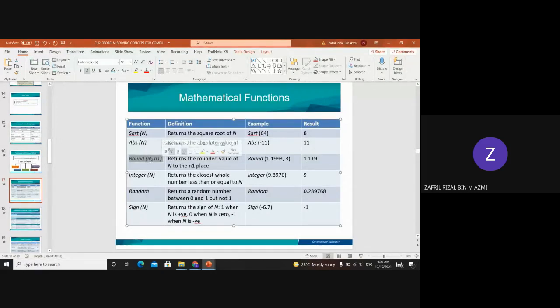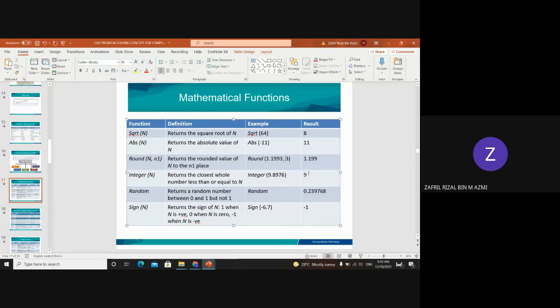For example, you want to round 1.1993 to the third place. 1, 2, 3, you get 1.199, rounded you get 1.111.